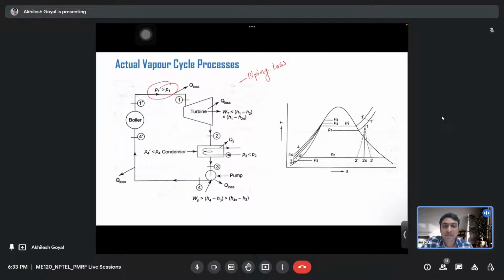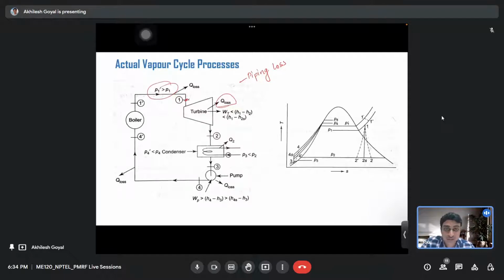Similarly, we consider the expansion of working fluid in the turbine as reversible adiabatic expansion. But in an actual vapor cycle, there is some loss, shown as Q loss here, and due to this loss, the turbine work WT we get from the turbine is less than the enthalpy drop from point 1 to point 2.